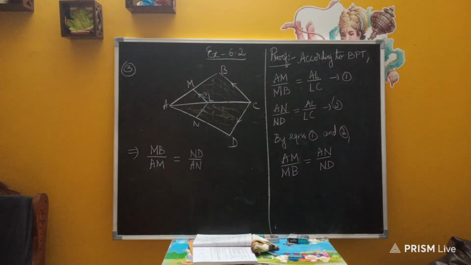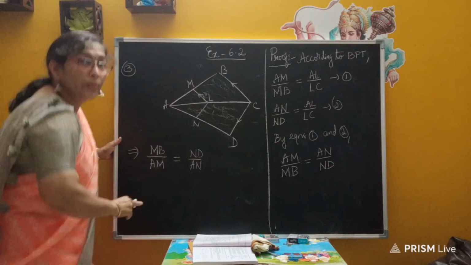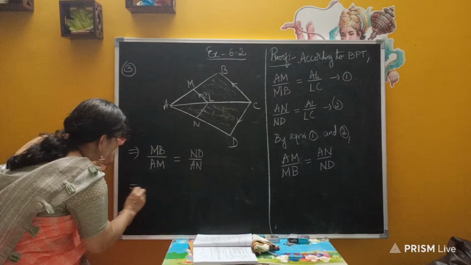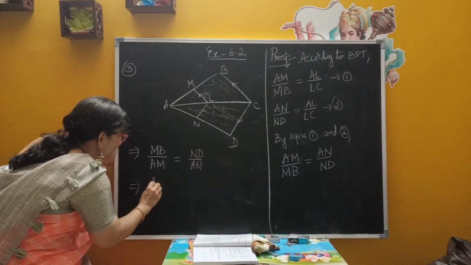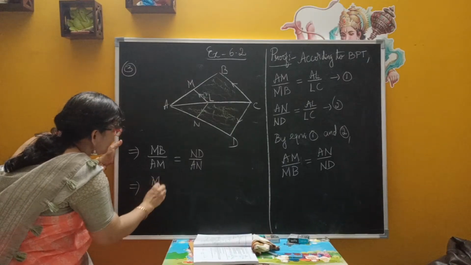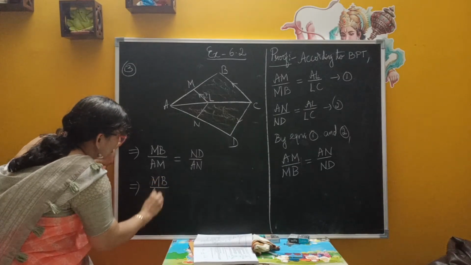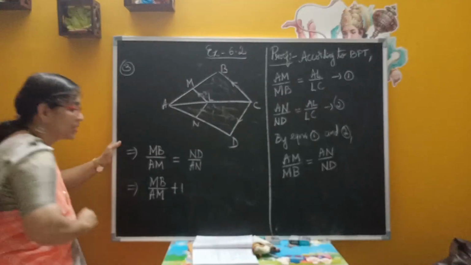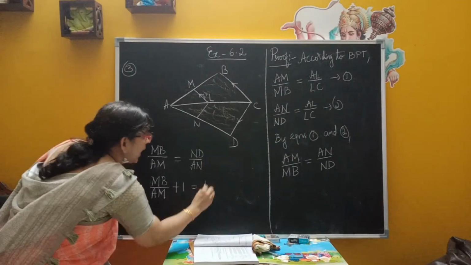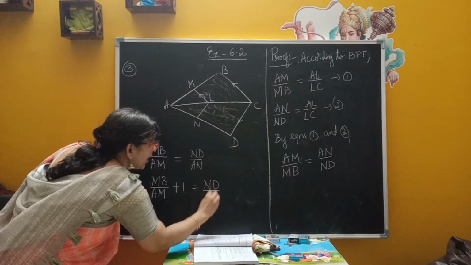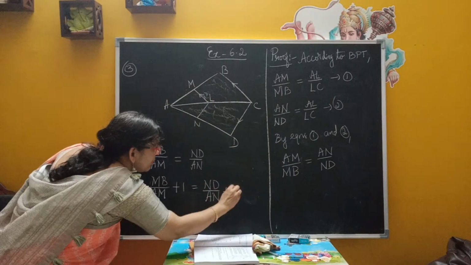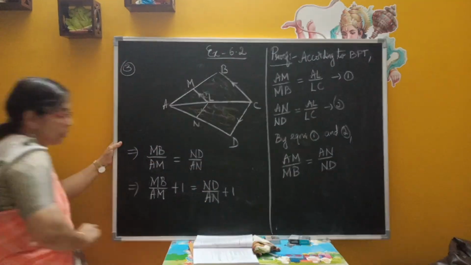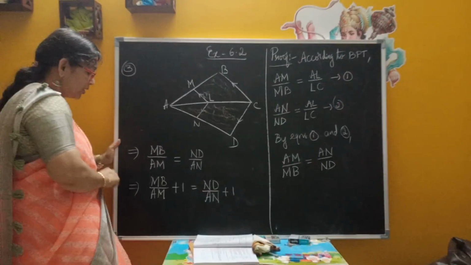So I will add 1 to both LHS and RHS. So let me write MB by AM plus 1 to LHS is equal to ND by AN plus 1 to RHS also. Okay, so the result remains unchanged.